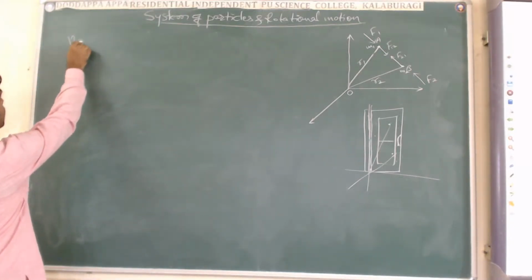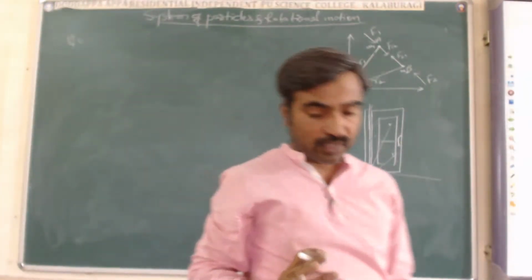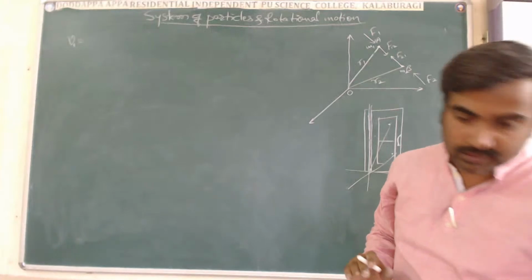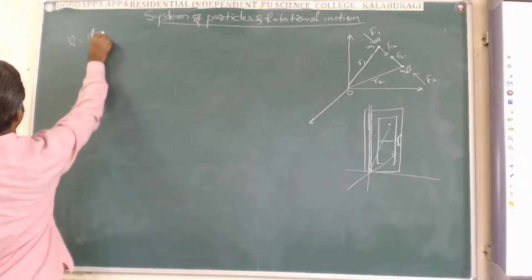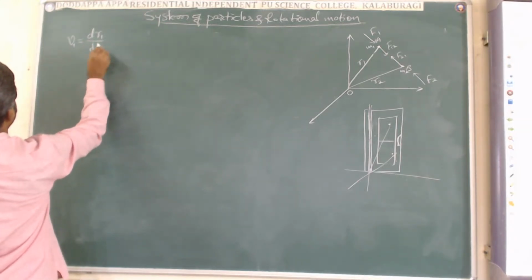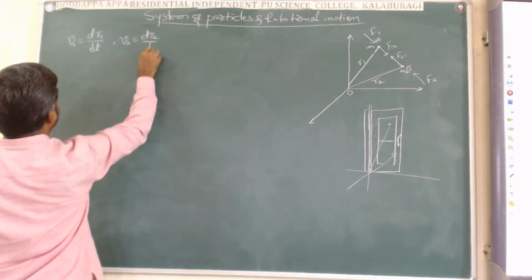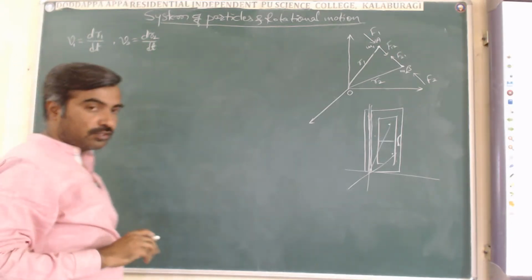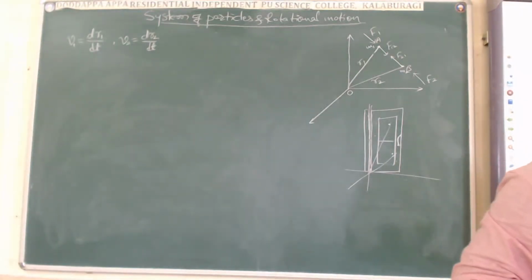Velocity is written as displacement divided by time taken. Hence, I will write these velocities in terms of position vectors: v1 = dr1/dt and v2 = dr2/dt, the rate of change of displacement.